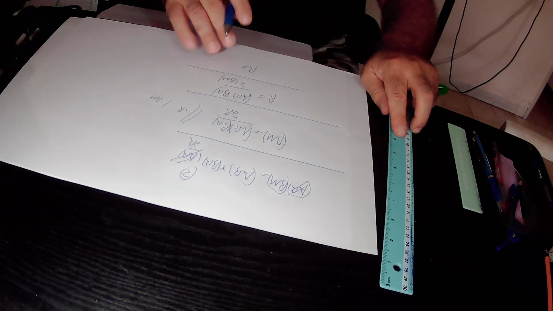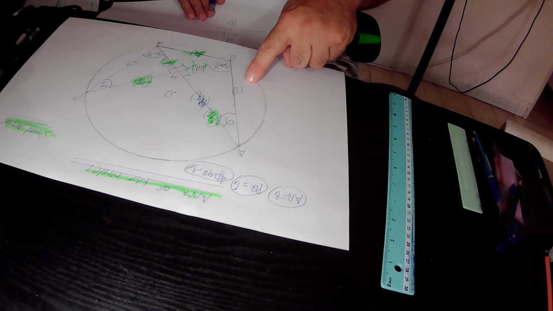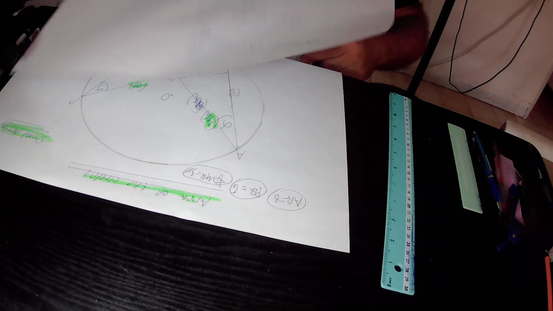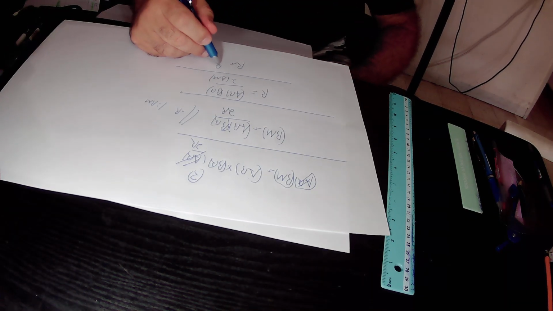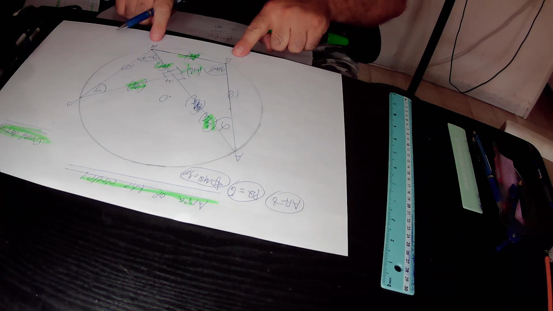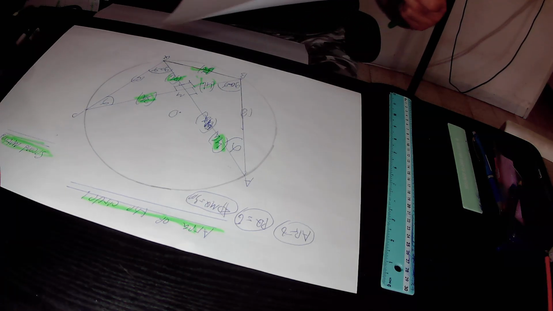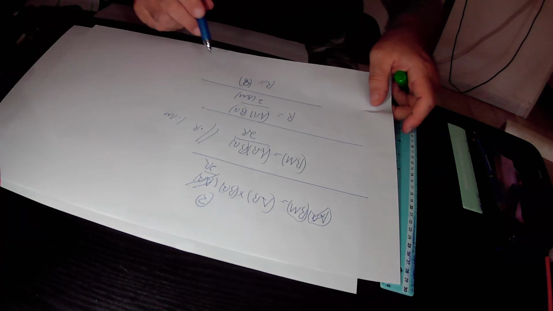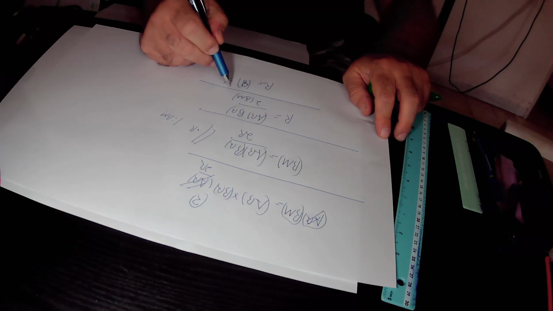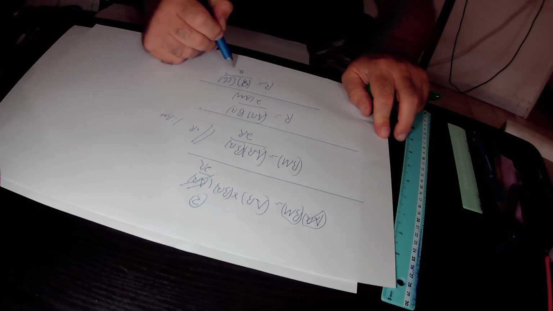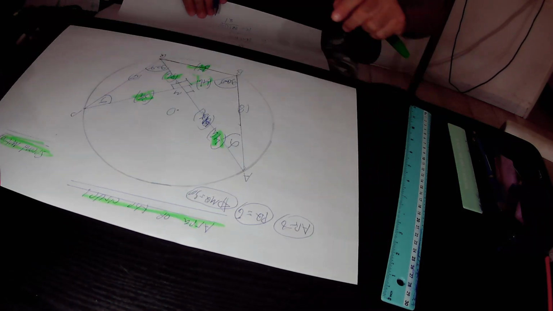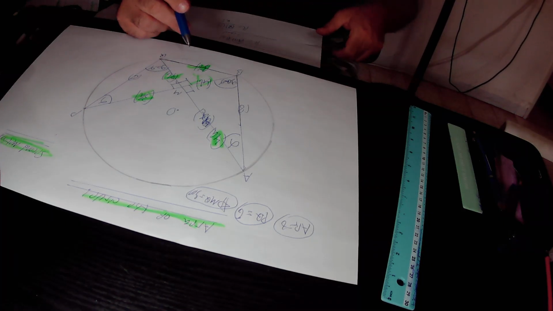So R equals AB. AB is 8, times BQ. BQ is 5B, over 2 times BM. BM is 4B.